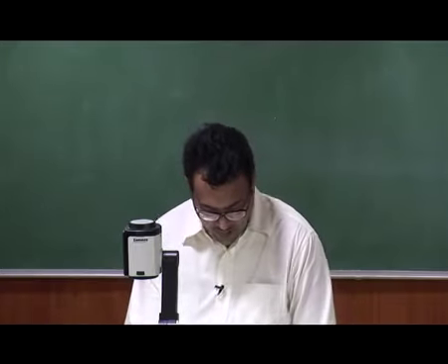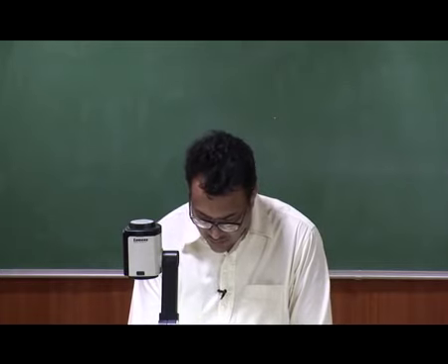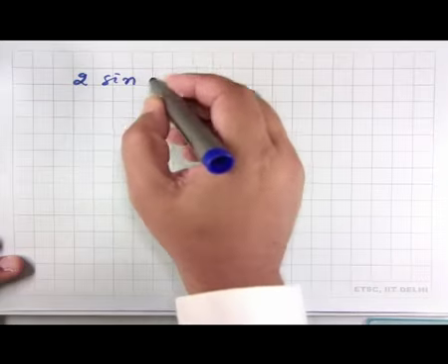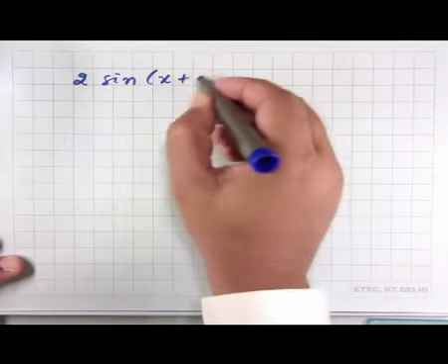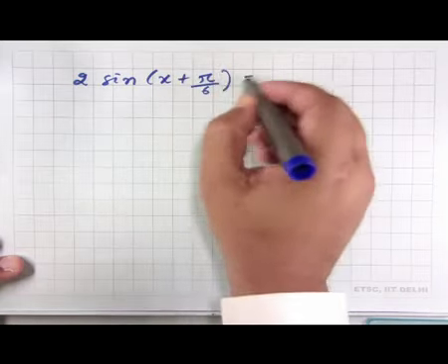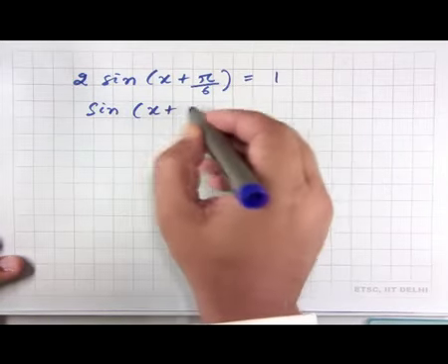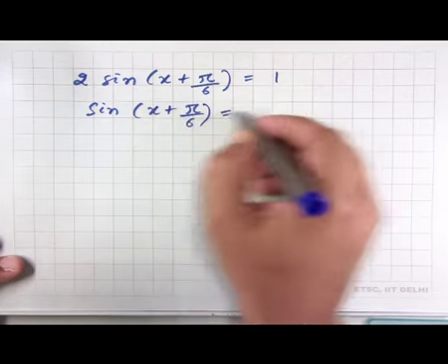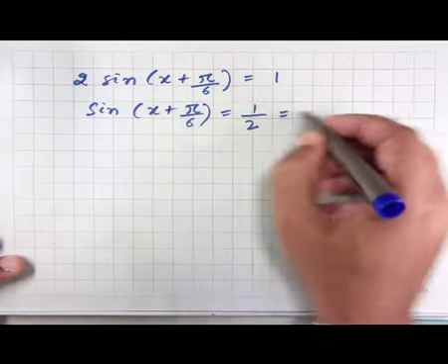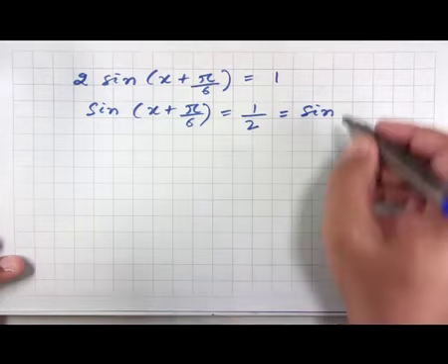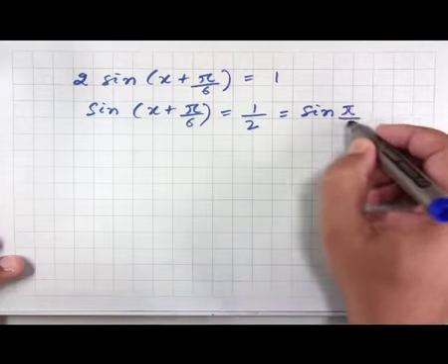So, on the previous slide we reduced that 2 into sin x plus pi over 6 is equal to 1, or sin of x plus pi over 6 is half, but half is the same as sin of 30 degrees, which is pi over 6.